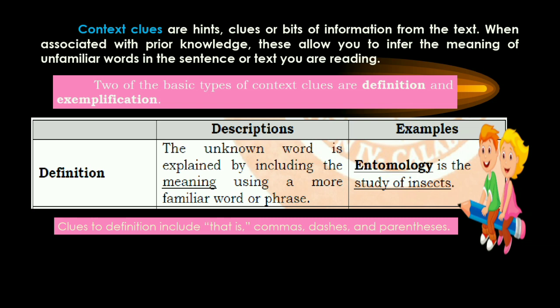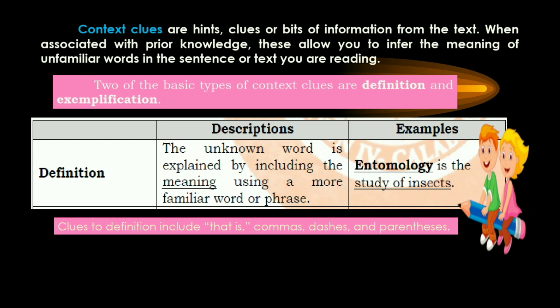We have the definition and exemplification. Let's start with definition. How do we describe definition? It is when an unknown word is explained by including the meaning using a more familiar word or phrase. Let's have this example.